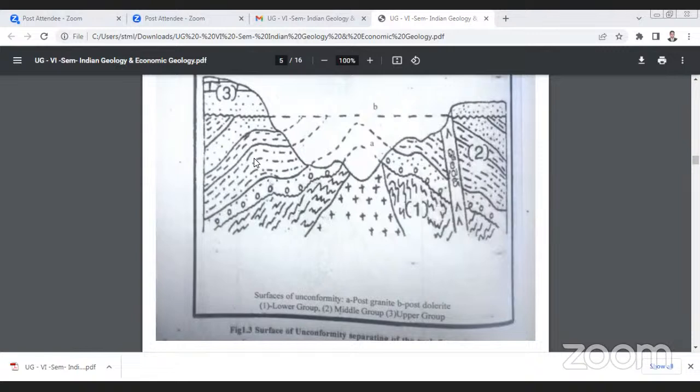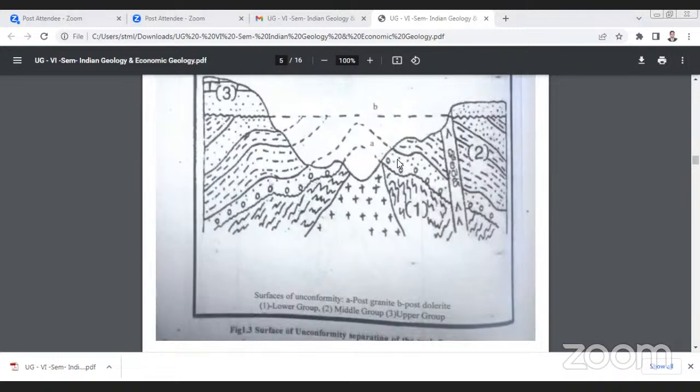In a surface of unconformity, it is showing as post granite, A, and B is showing as a post dolerite formation.